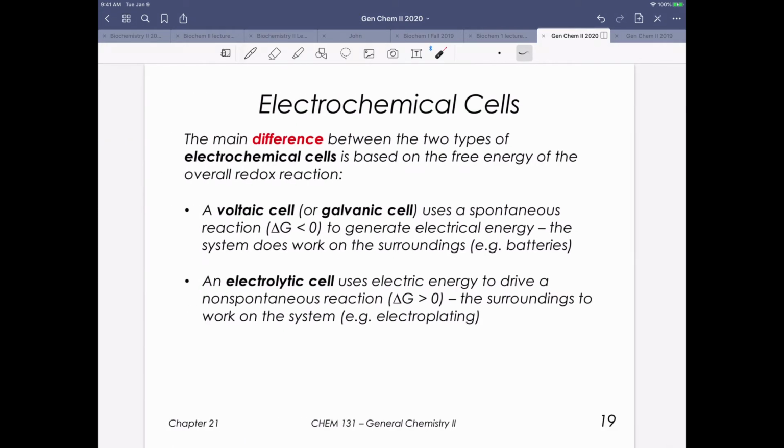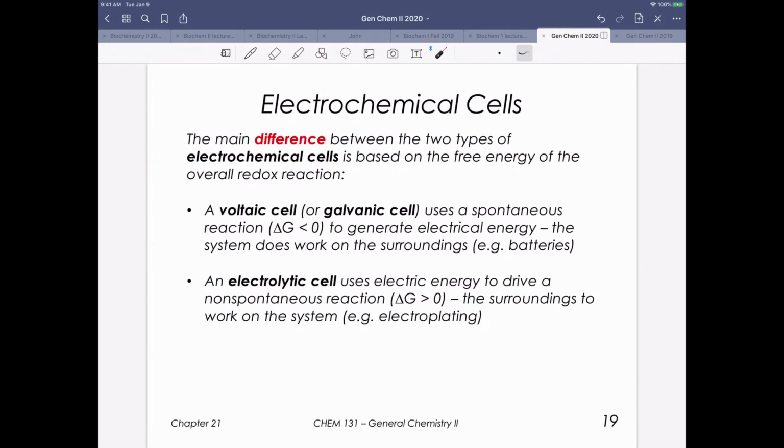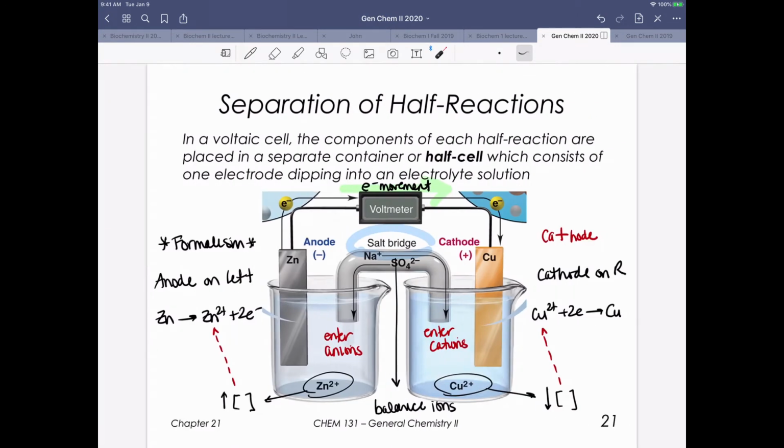So let's take this chemical reaction that we learned about at the beginning here, and rather than having it occur all in one pot, let's imagine that we separate these two half reactions into two half cells. So again, these voltaic cells are going to put the oxidation reaction, which is where the anode is, on the left side, and then the reduction reaction, where the cathode is, on the right side.